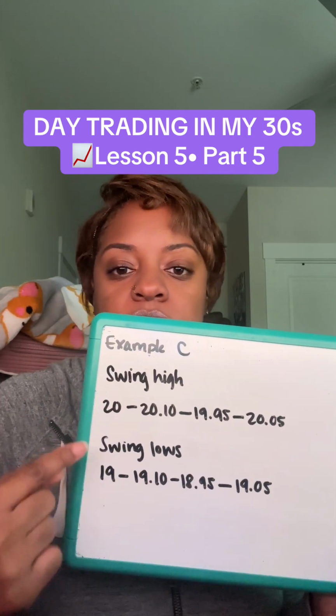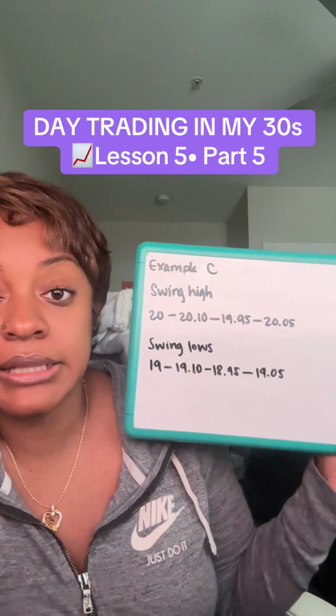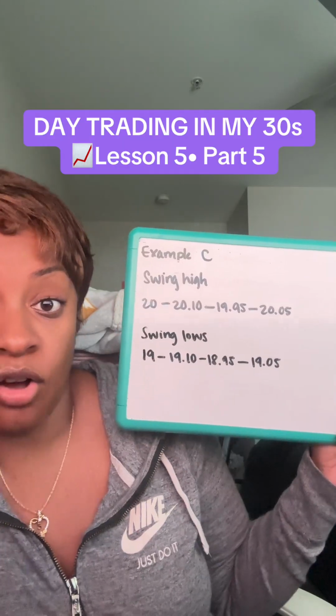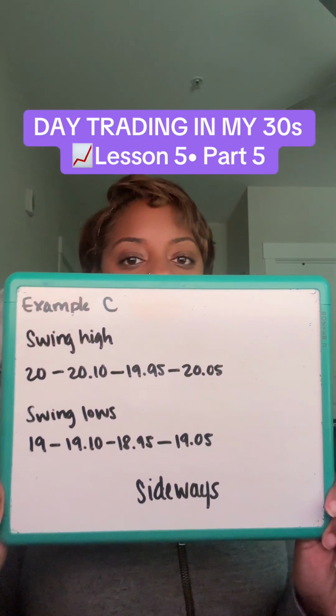It's all within a range of $19. That makes it a sideways trend or range trend or consolidation. You can screenshot that.